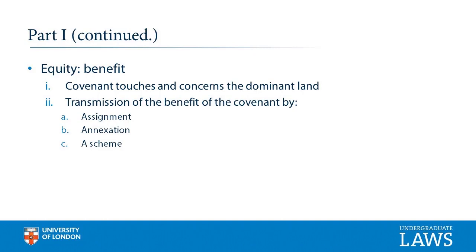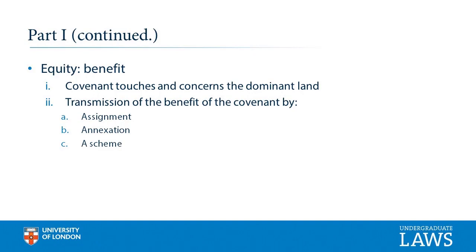Let's now consider annexation. Annexation involves the notional and permanent annexation or attachment of a covenant to the dominant land. The result of annexation is that any person who acquires the dominant land automatically acquires the benefit of the covenant, because that covenant is attached to the land. There are three ways in which a covenant can be annexed to the dominant land.